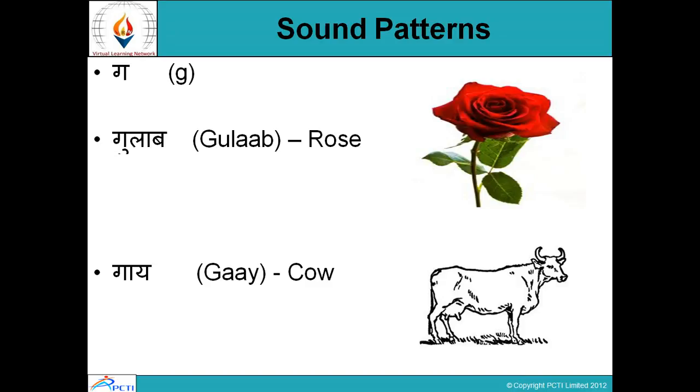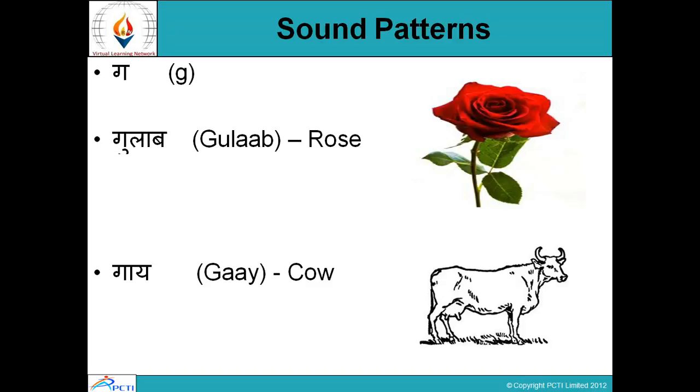And Chacha Nehru, Pandit Jawaharlal Nehru, it was his favorite flower. He usually put it on his coat. This is called rose. We call it gulab.